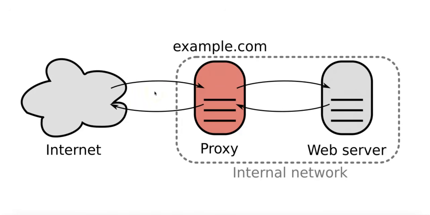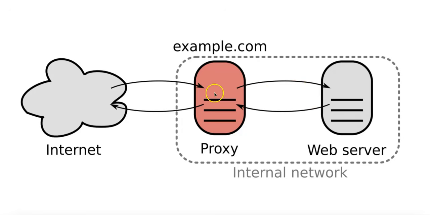So let's talk about some of the key functions of a reverse proxy. First and foremost, security. By hiding the IP addresses and configurations of the backend servers, a reverse proxy enhances security. It serves as a barrier against potential attacks and filters out malicious traffic, protects these sensitive backend resources from direct exposure to the rest of the internet.